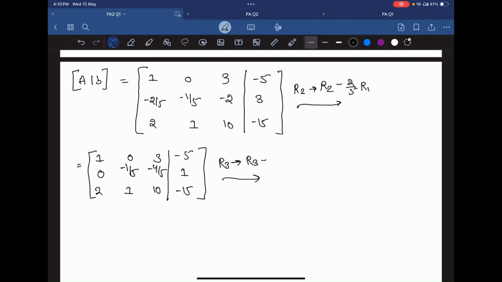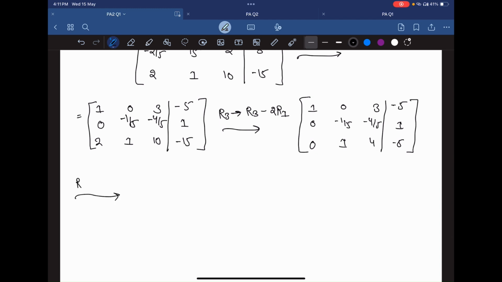R3 minus 2R1. The first row will remain as it is, the second row will also remain as it is, and the third row would be 0, 1, 4, minus 5.